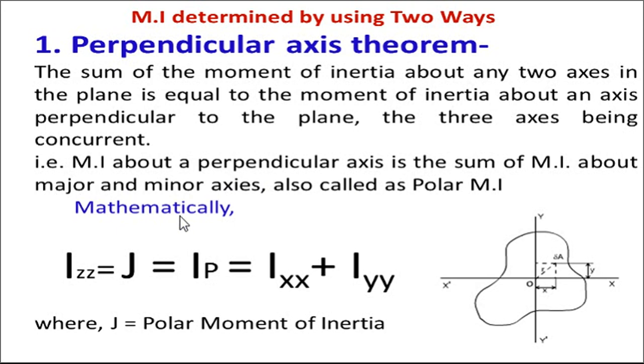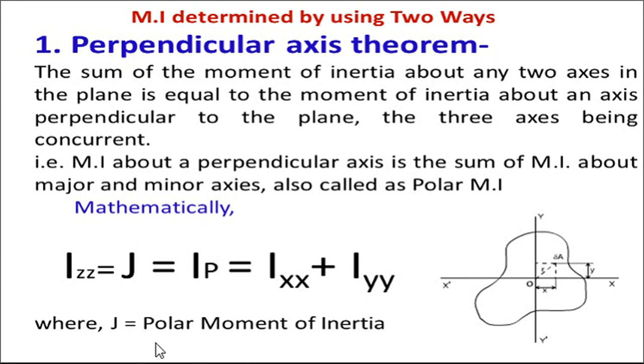In different books you will find different terminologies used. Simply I will put this as Iz is equal to Ixx plus Iyy. In some books, instead of Izz, they have used J later. J is called the polar moment of inertia.